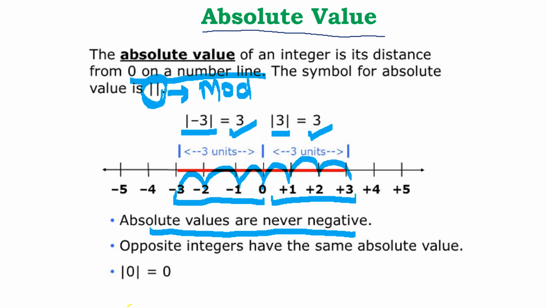If I ask you the absolute value of -7, it is 7, and the absolute value of +7 or simply 7 is also 7. Opposite integers have the same absolute value, isn't it? That's what we have told just now.